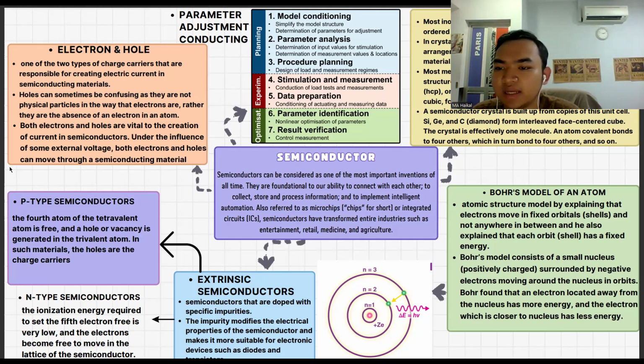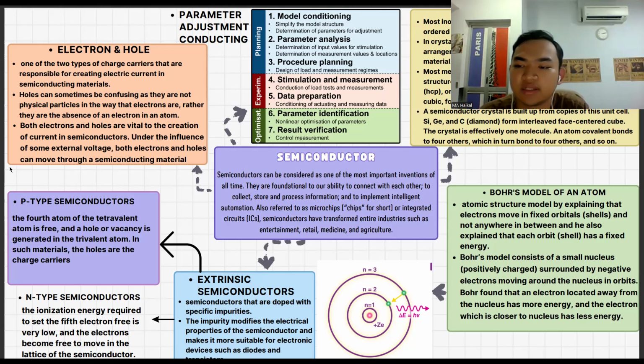Most metals and alloys crystallize in one of three very common structures: body-centered cubic (BCC), hexagonal close-packed (HCP), or cubic close-packed (CCP), also called face-centered cubic (FCC).